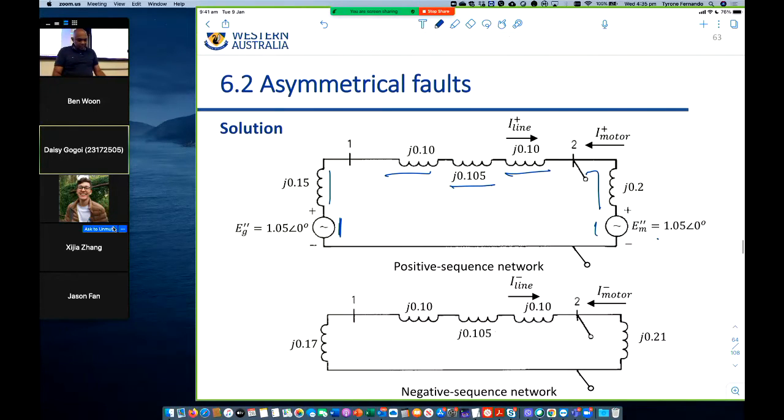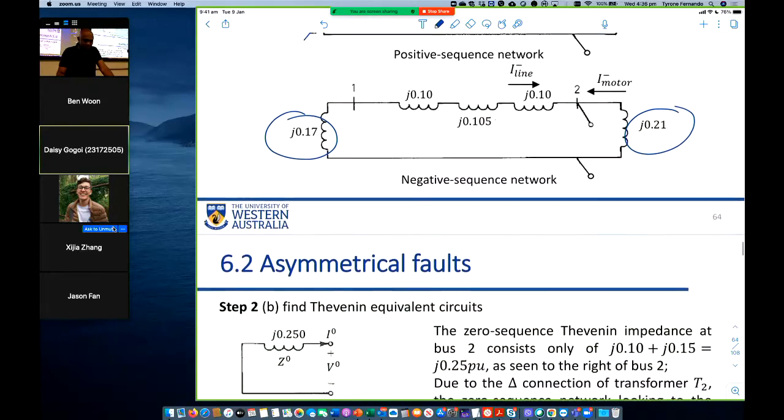Negative sequence is exactly the same with these voltage sources not present, because it's balanced operation until the fault. So those voltages are not there, and you put in the relevant negative sequence reactances. This reactance here is different to that reactance. It is the negative sequence reactance, right?